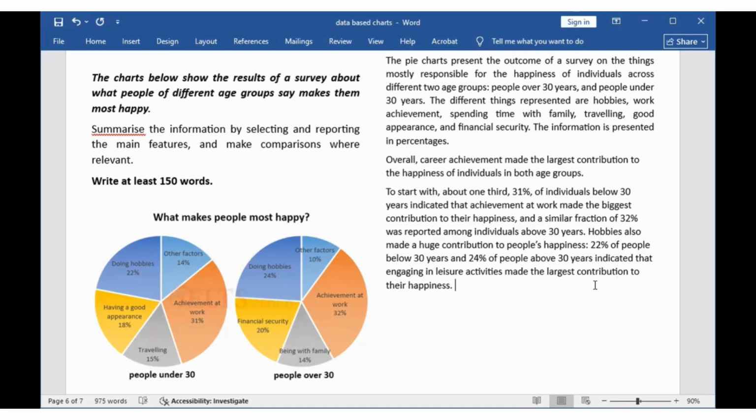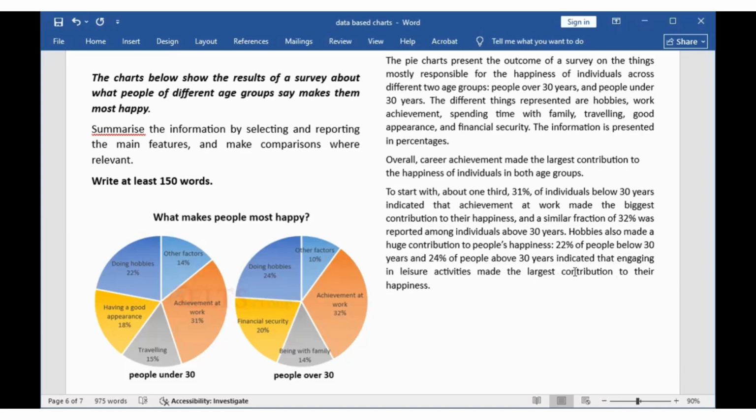Okay? That's the second chart. Now, what else is in the two charts? Other factors. These other factors refer to every other thing. Okay, so I have written about items that are found in both: achievement at work, doing hobbies.